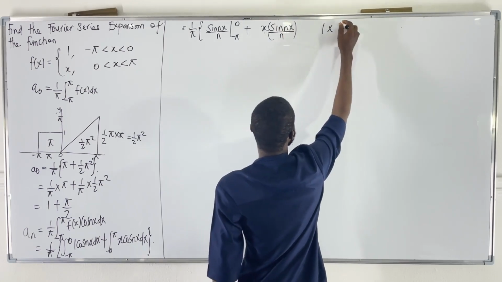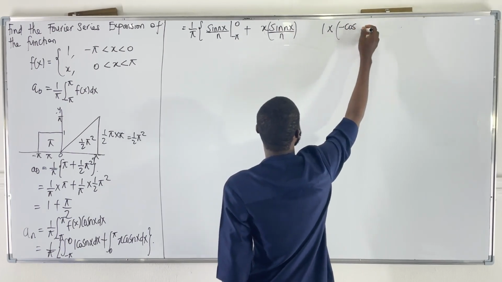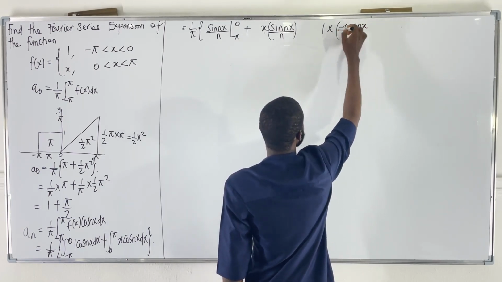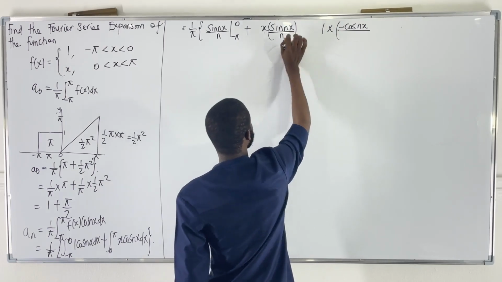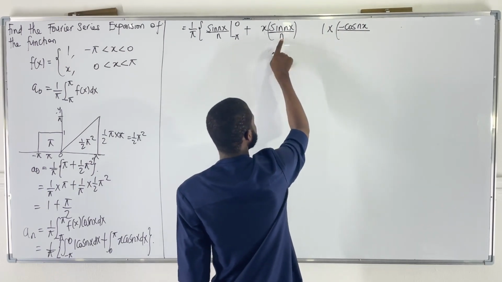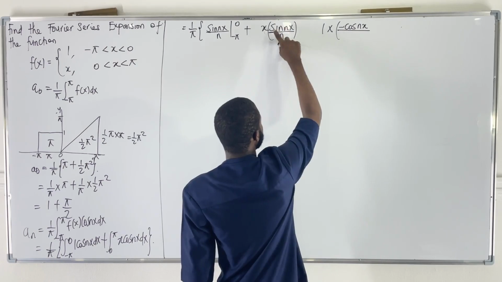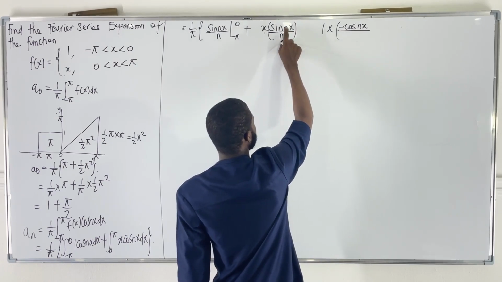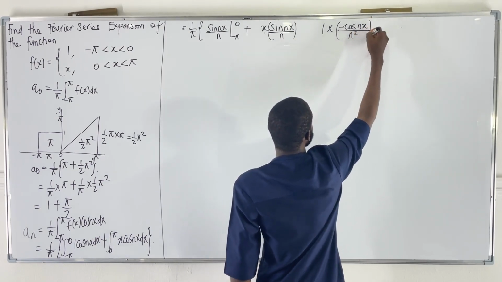The sine will give me a minus cosine. When I integrate sine, I'm going to get minus cos nx. Then, when I differentiate the angle, I'm going to get n. But since this whole thing is what I'm supposed to integrate here, it means there has been an n before. So if I'm integrating this again, from the derivative of nx, there's going to be an n coming to meet this n. So that's n squared.